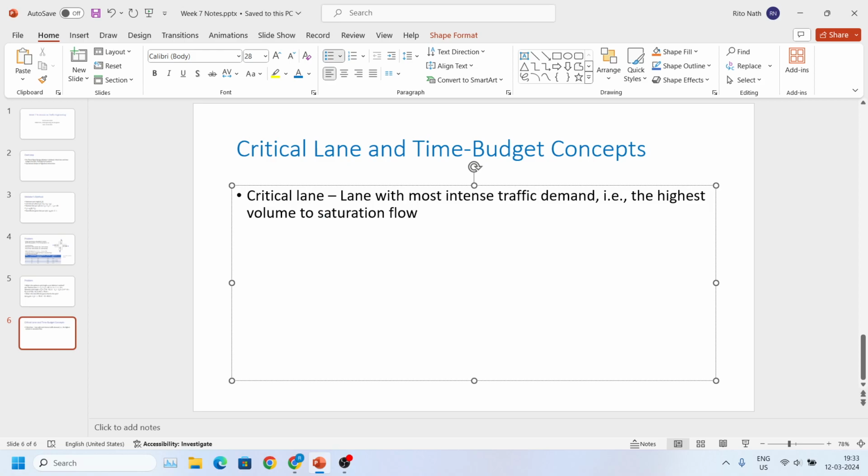And then you have the maximum sum of critical lane volumes. You have a formula for that, and using the total effective green time you have an expression, and you can come up with some formulas for appropriate cycle lengths and so on.